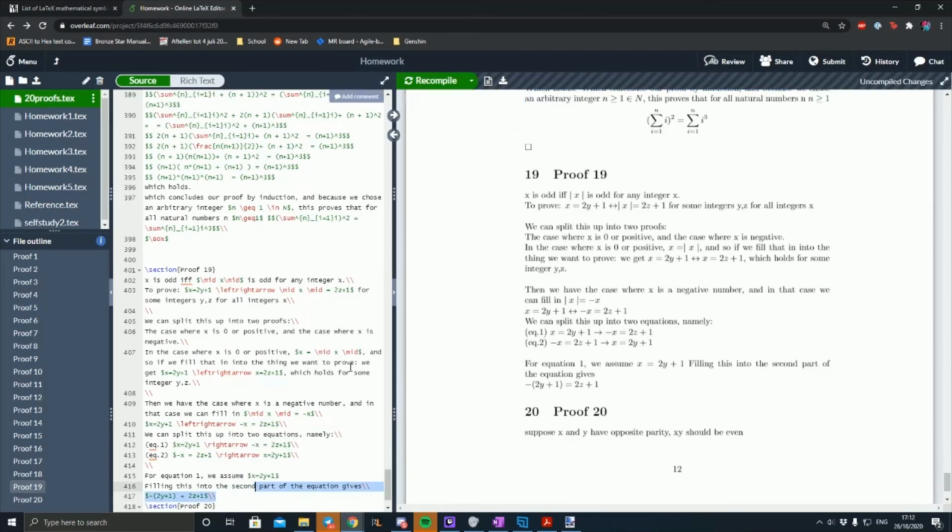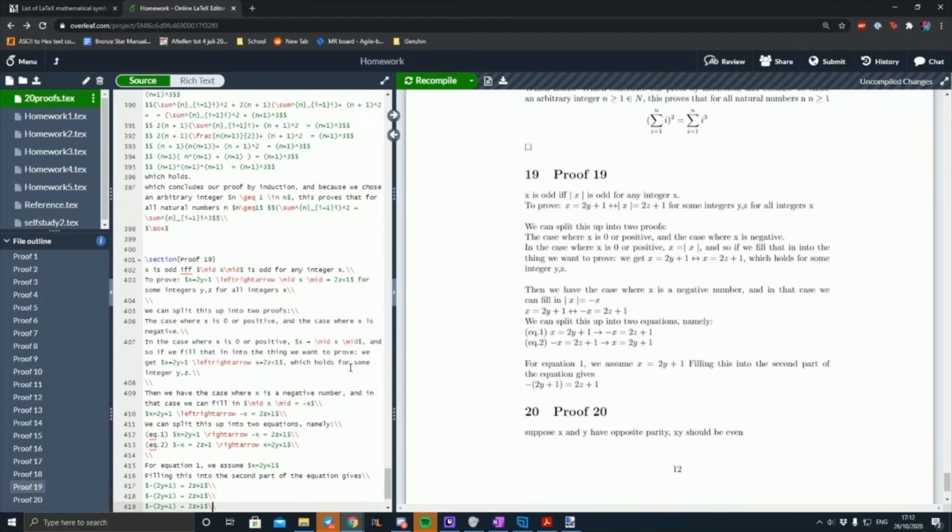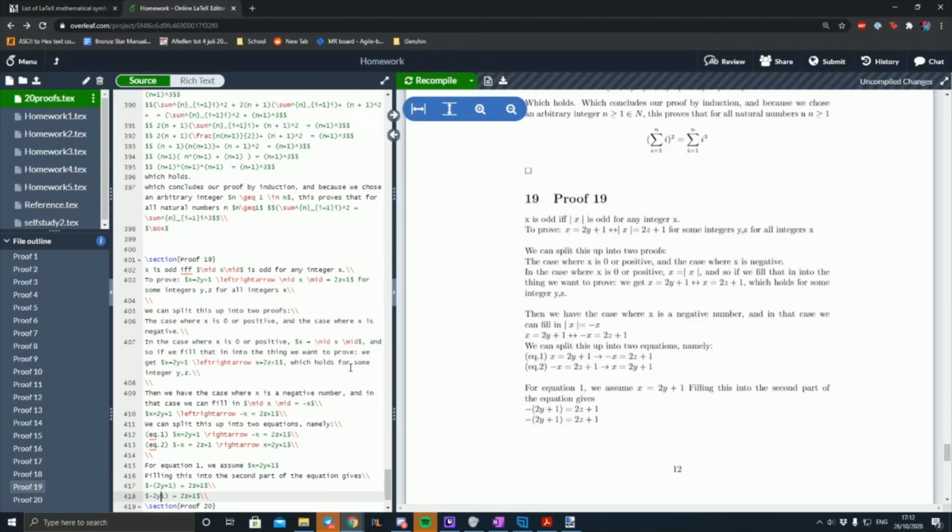So then we can go ahead and distribute the minus out of the brackets. So we can say negative 2y minus 1 is equal to that plus 1. Then we can add 1 on both sides.